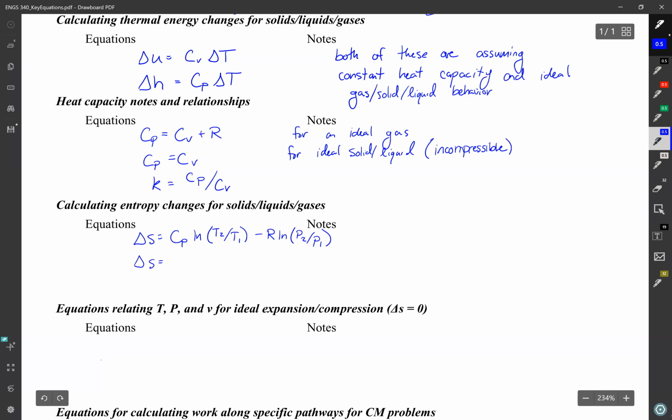And delta S equals Cv times the natural log of T2 over T1 plus R times the natural log of V2 over V1. Both of these work for ideal gases with constant heat capacity.